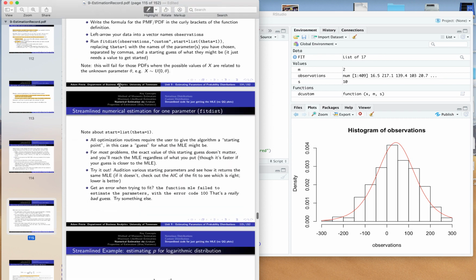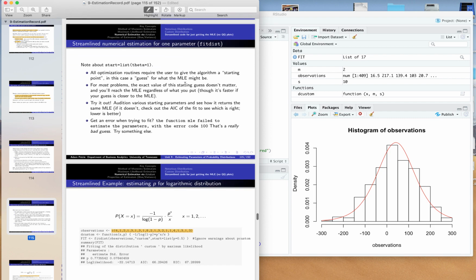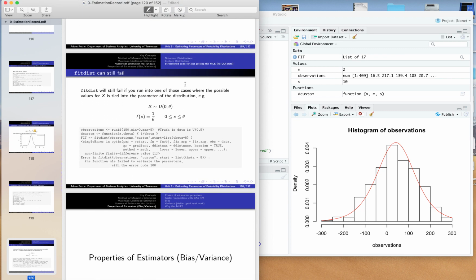The rest of the notes give you this streamlined procedure for estimating 1 parameter and estimating 2 parameters, with these examples once again. The only caveat I want to leave you with is that fitdist can still fail if you run into one of those special cases. We've talked about this: whenever the value of our unknown parameter is tied to the possible values of x that we might observe, our standard method of writing out the likelihood, taking the derivative, and shipping it out to Wolfram Alpha or whatever is going to fail us.